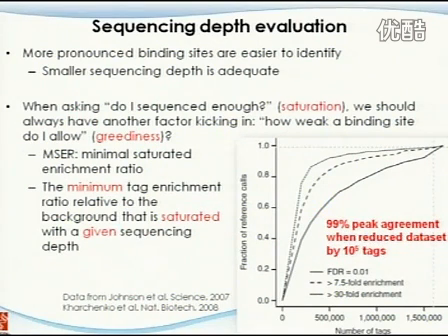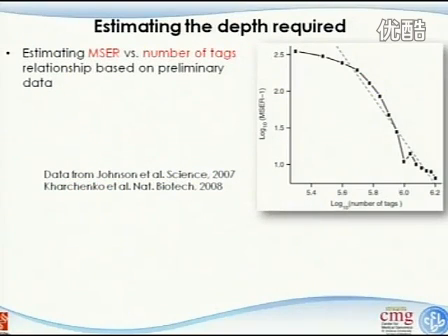Does that make sense? All right? Just concept-wise. And this is just a different way to look at this. X is the log of the number of tags, the sequencing depth, and Y is the log of your greediness factor, right? And you can see clearly that if you are becoming more and more greedy, meaning that you're targeting weaker and weaker binding sites, you start to need more and more sequencing reads.